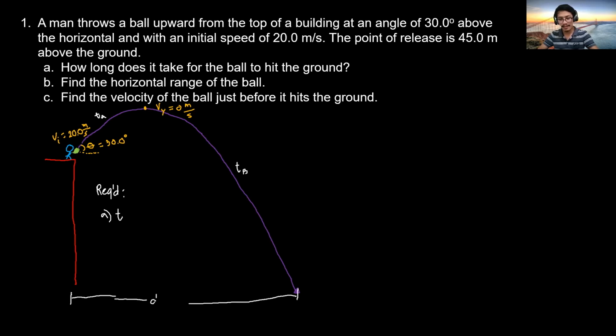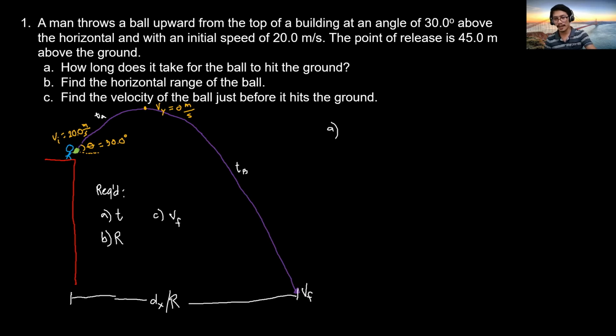This is the horizontal range, or dx. And for letter C, we are looking for the velocity of the ball just before it hits the ground, so the final velocity.